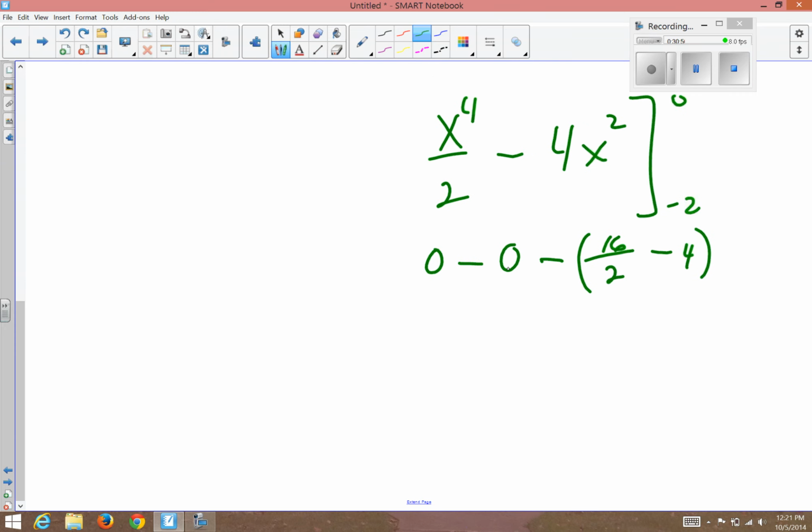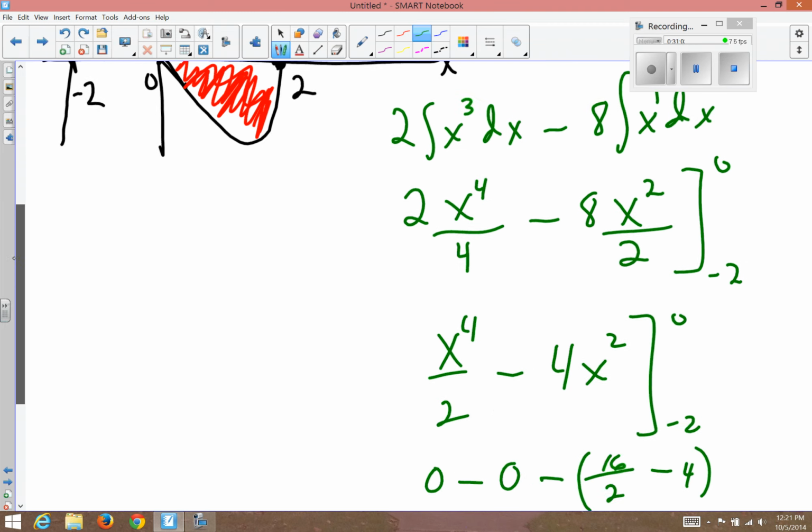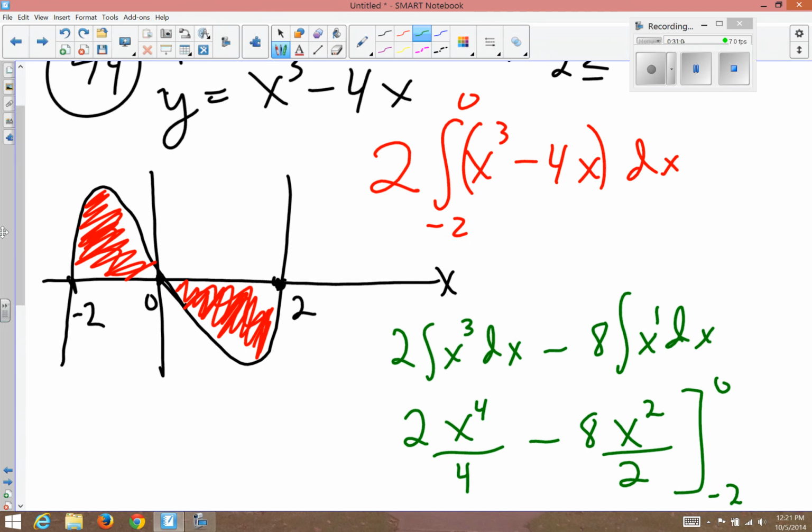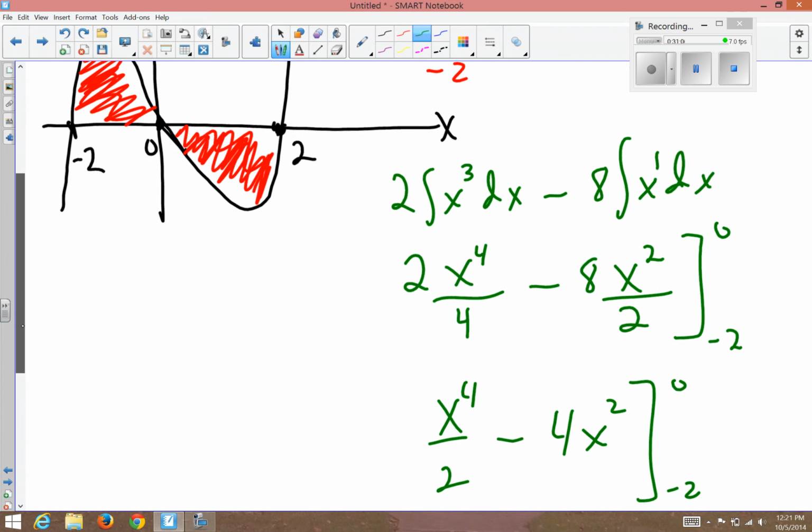We have 0 minus 0 minus 8 plus 4. So there's a mistake somewhere because we could end up with a negative area.